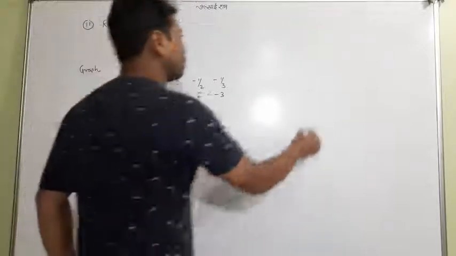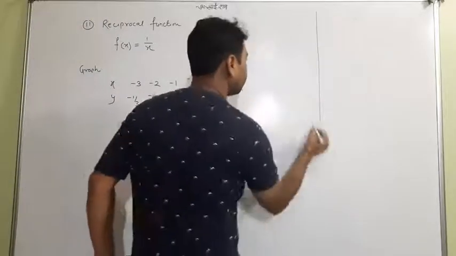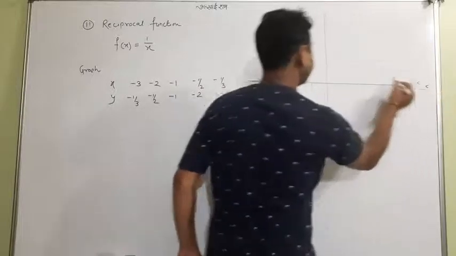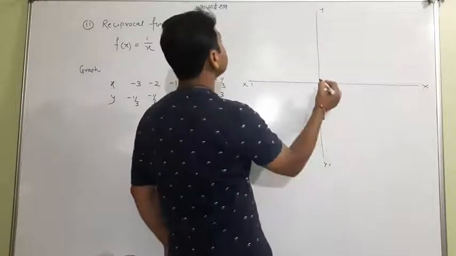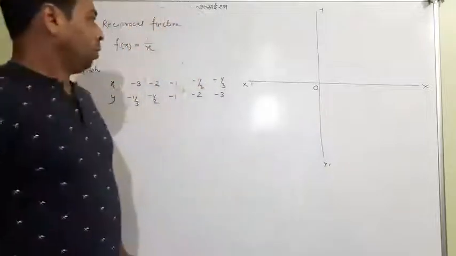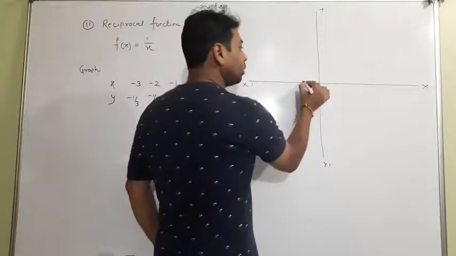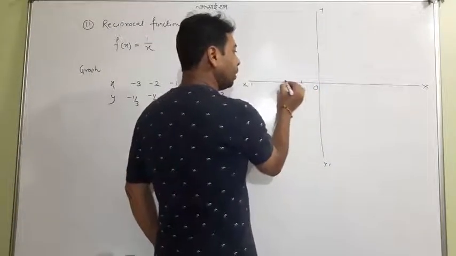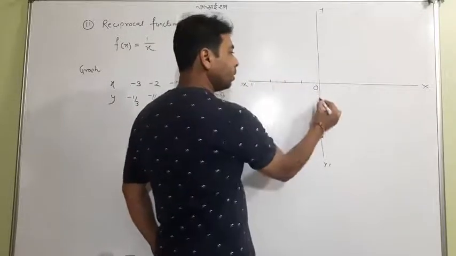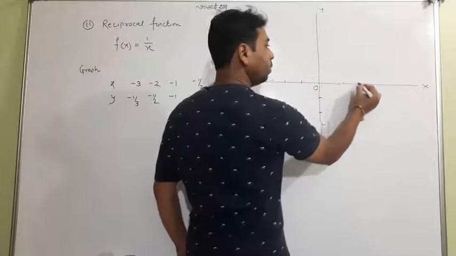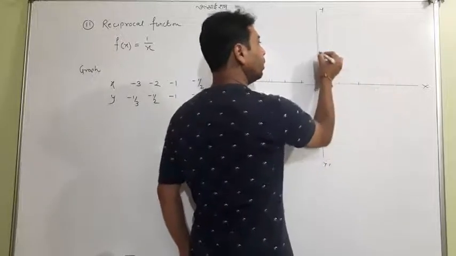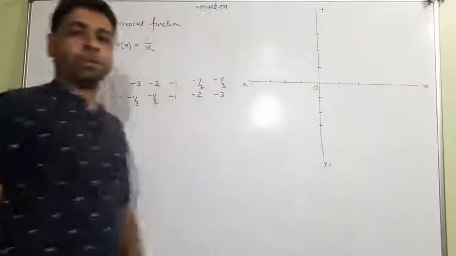Now try to make the graph. It is x dash, y dash. So suppose I first mark minus 1, minus 2, minus 3 on one side, and 1, 2, 3 on the other.